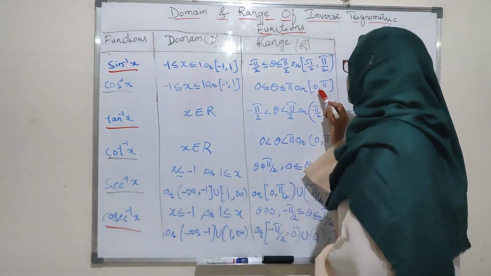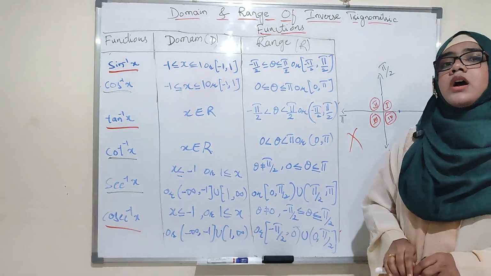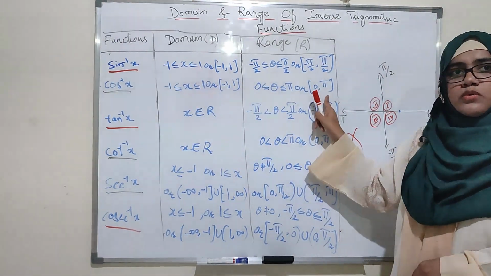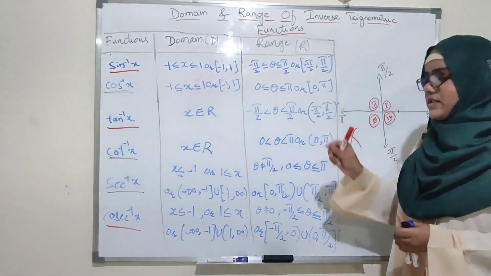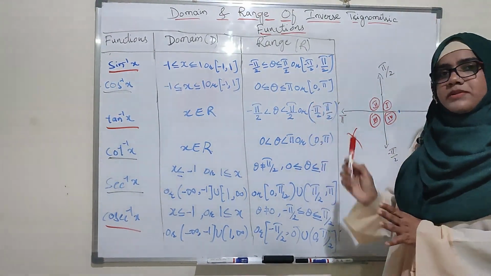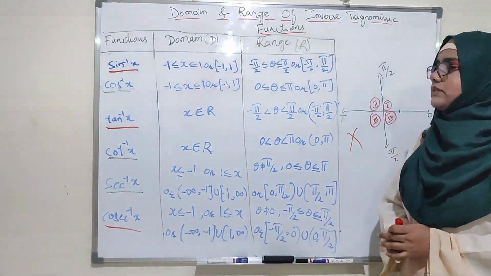This group lies in between 0 and pi, and here we are taking a closed interval. Why? For cos inverse, we are taking 0 to pi because cos is defined on 0 and pi. We know the values of cos 0 and cos pi. That's why we are taking the closed interval of 0 and pi.